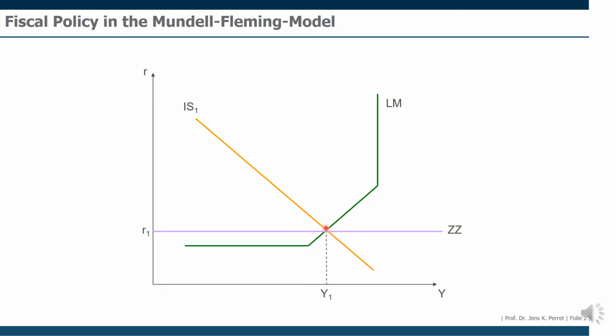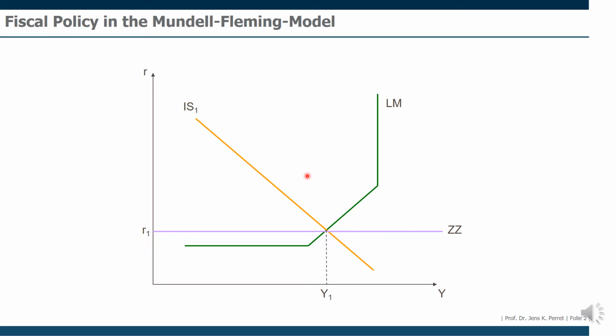Now, if we have expansive fiscal policy, this means that our IS curve moves to the right, since due to expansive policy, either the companies or the government consume more goods, or the households have more money available due to a decrease in taxes and will also consume more.